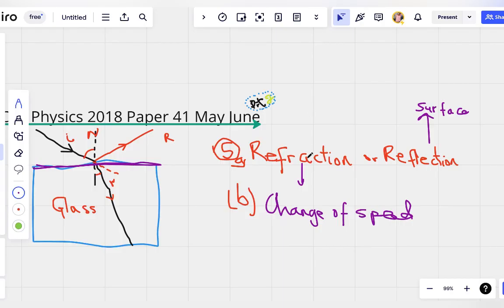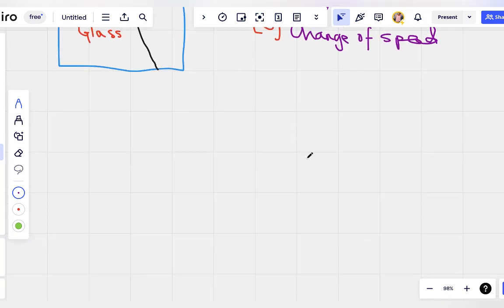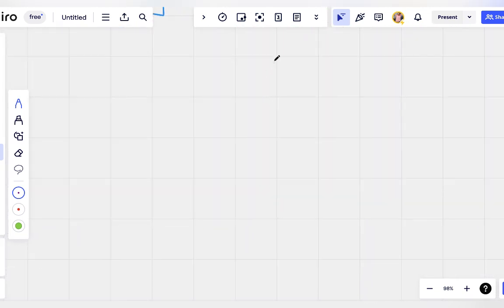So what we can do in this case is just sketch, because we're not writing on the exam paper. So we use just our board. If this is our lens, the optical center is here. Let's draw our vertical line so we can ascertain our optical center. Let's have our principal axis.